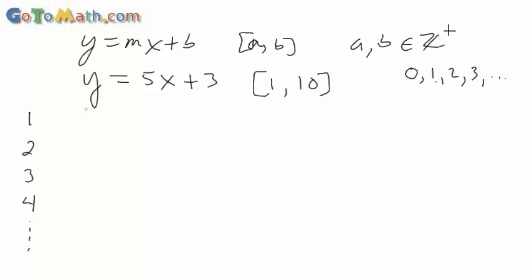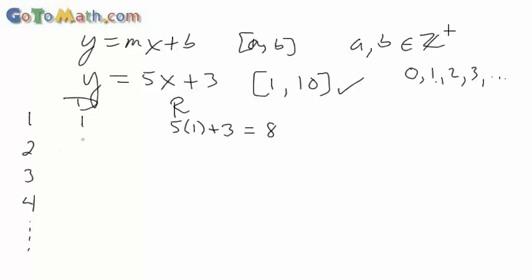The first column is going to be our domain. I'll just label it as D, domain, which is coming from here. And what's happening here is we're going to plot a 1 in that second column, and then the range. So this would be 5 times 1 plus 3, and that would be 8.